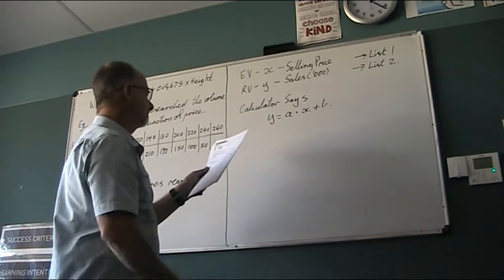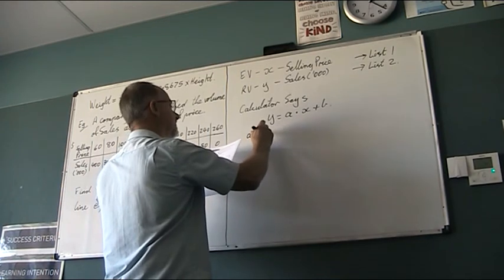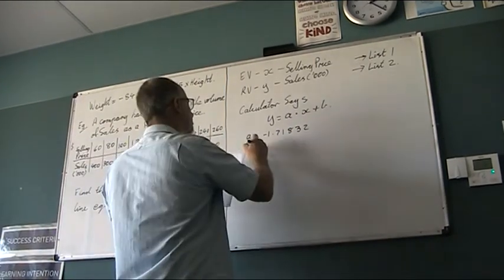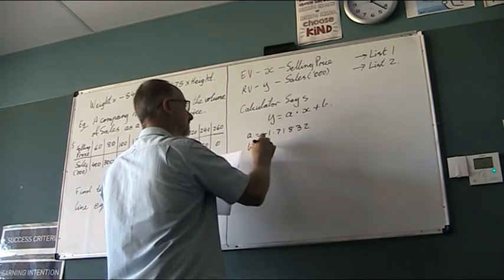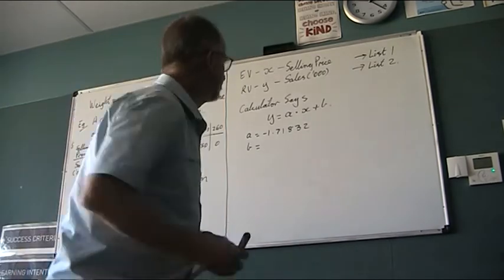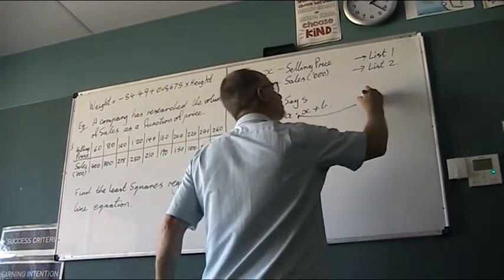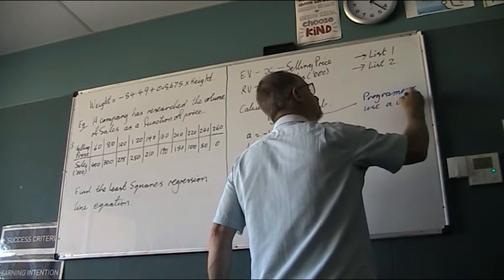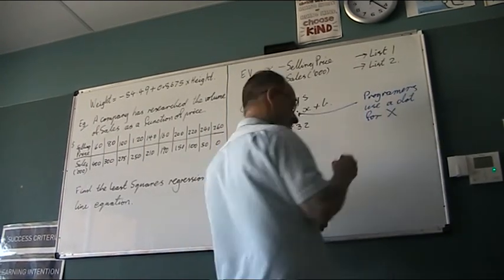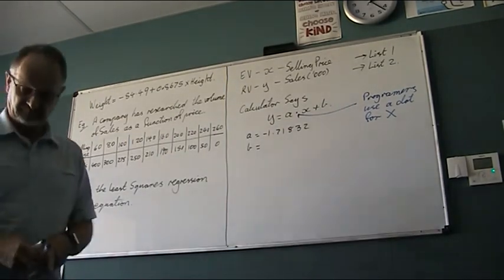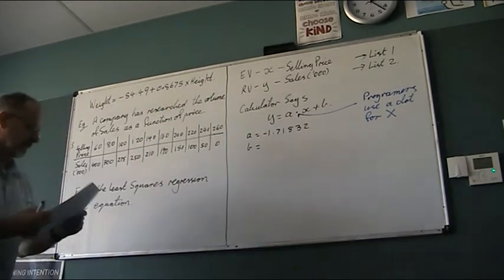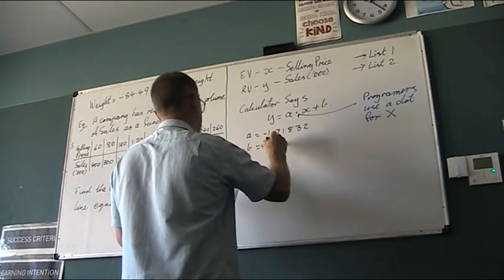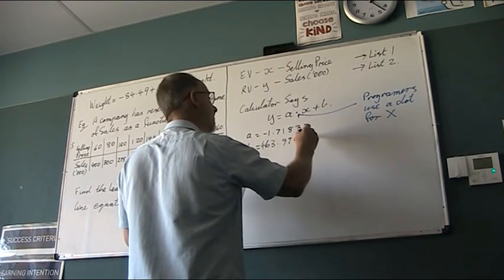Then underneath, you see that a is negative 1.71832, and b is 463.99449.